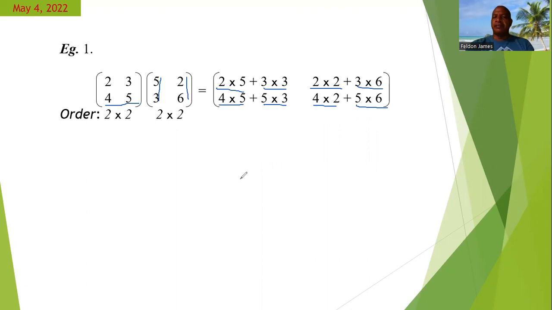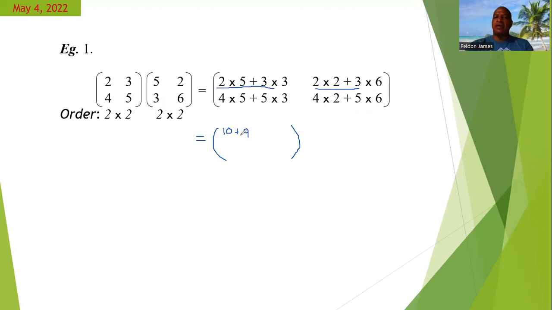All right. Now, all that remains for us to do is to do the calculations in the results. So if we do the calculation, then what we will have down here, we'll have 2 5s 10 plus 3 3s 9. That's for this first element.